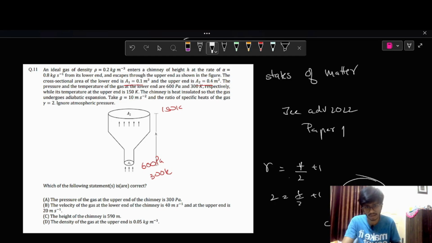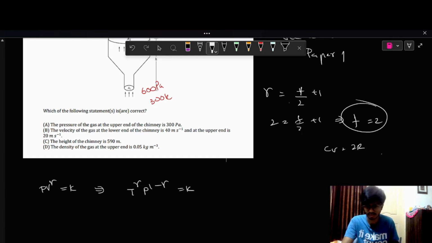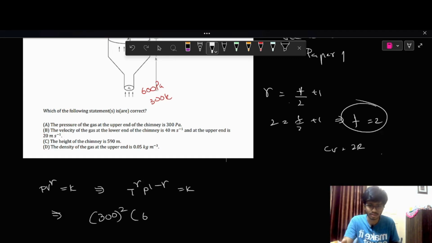Now first let's calculate the pressure at the top part. It's an adiabatic process, so T to the power gamma times P to the power 1 minus gamma is constant. We put the values: 300 squared times 600 to the power minus 1 is equal to 150 squared times P2 inverse. Here 600 pascal is P1.